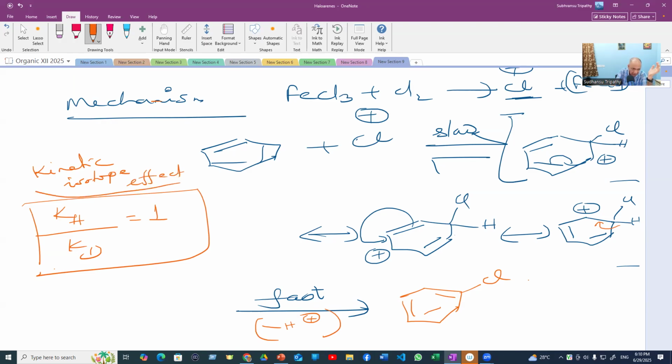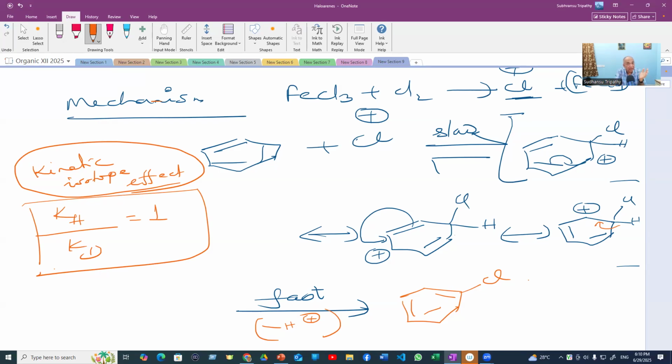There is one exception. Sulfonation does show a slight kinetic isotope effect of 2. Because the deuterated benzene reacts 2 times slower than the ordinary benzene, showing that the second step also takes part in the rate law. This is not very fast. So it is not as slow as the first step, but slow.